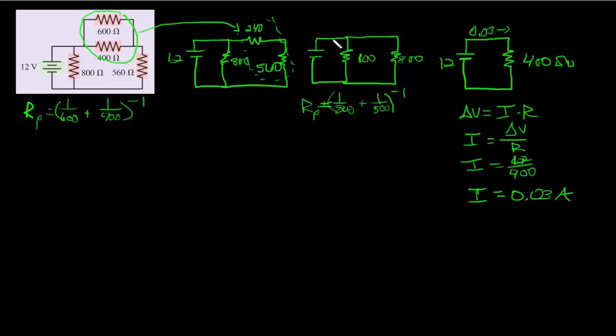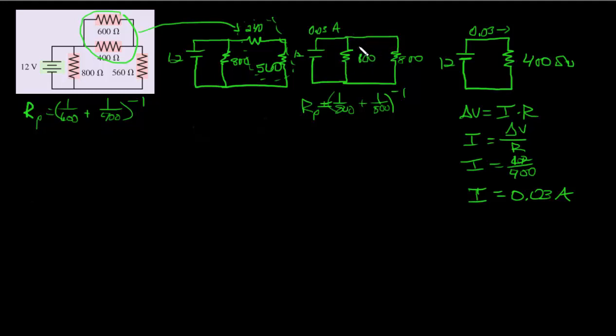Okay, so coming over here, we still have the 12 volt battery, and we got 0.03 amps coming out of the battery. And then it splits and it goes to an 800 resistor and an 800 resistor. So since these are the same resistance, the current is going to just split in half.